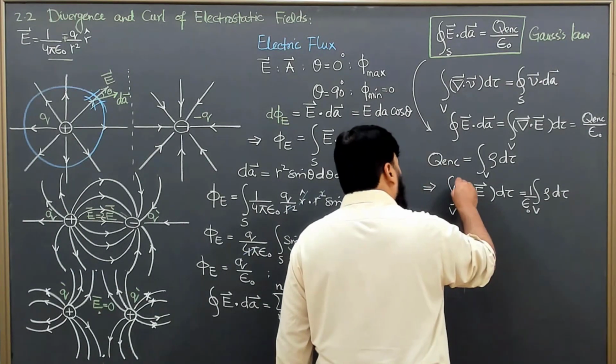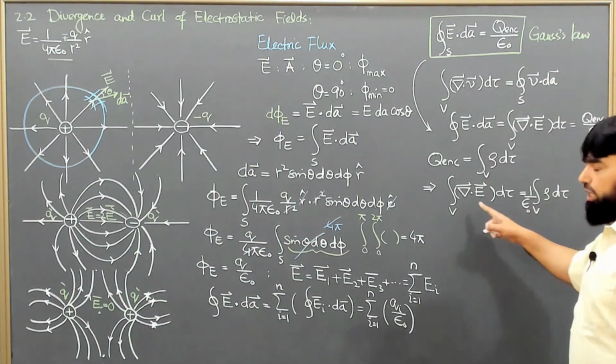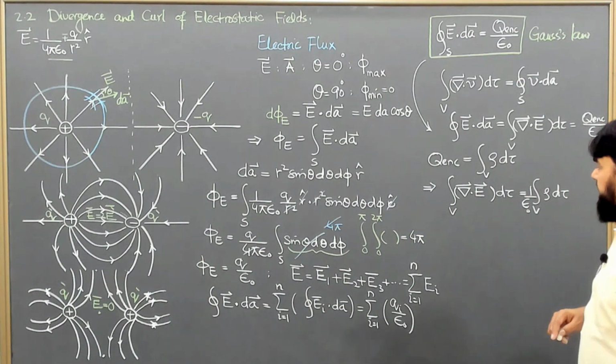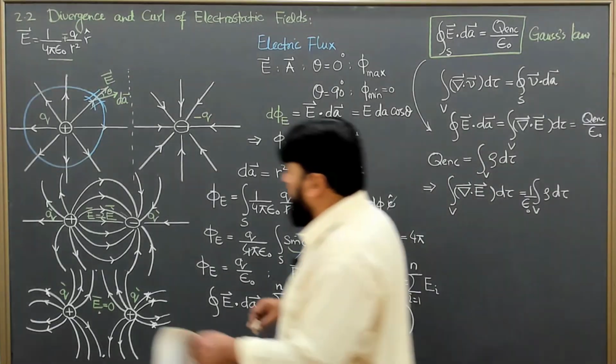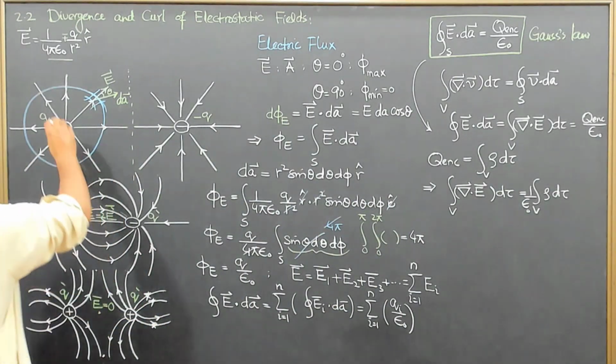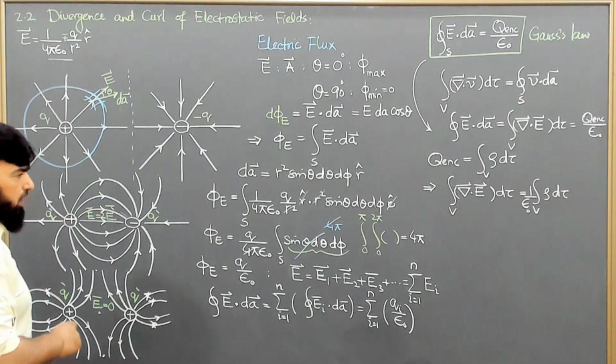Now if I look here, the divergence of E is just a number, independent of the shape we consider, whether a small sphere, a big sphere, or a cube of any other shape.